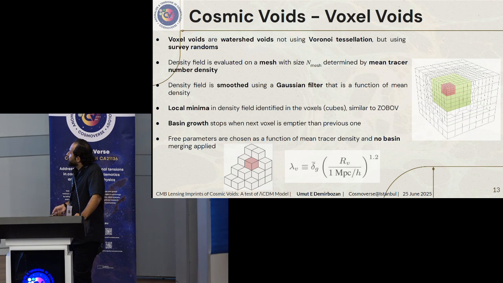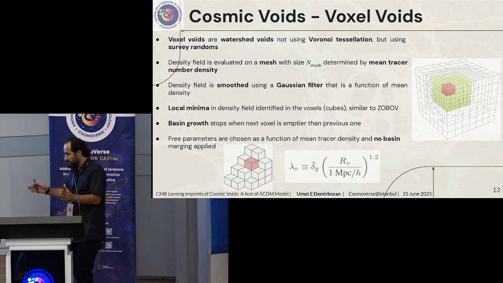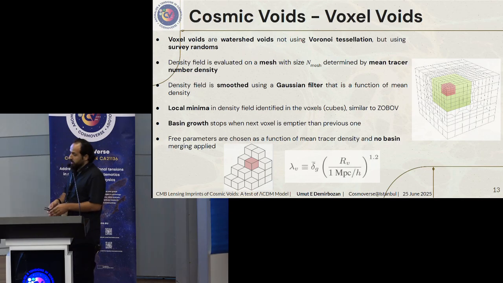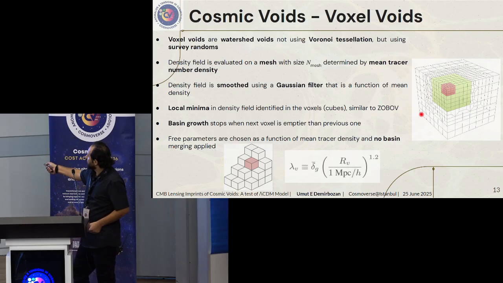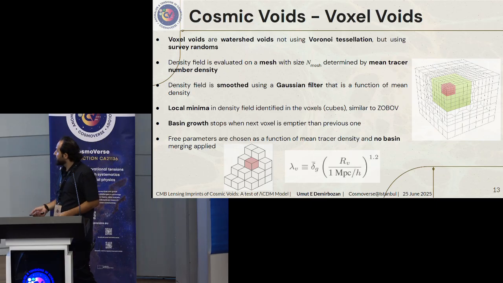That's how we define it. For voxel voids, we do something different. We have all the three-dimensional data. We also have survey randoms. What we do is a three-dimensional mesh interpolation. Basically, we have these cubes here on the right in the survey data. You evaluate the density field on a mesh, and then you smooth using a Gaussian filter.